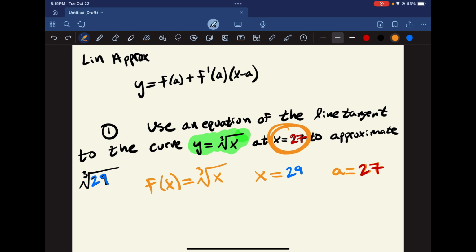So we use 27, right? 27 is pretty close to 29, and we can easily figure out the cube root of it. The cube root of 27 is 3, because 3 times 3 times 3 is 27.